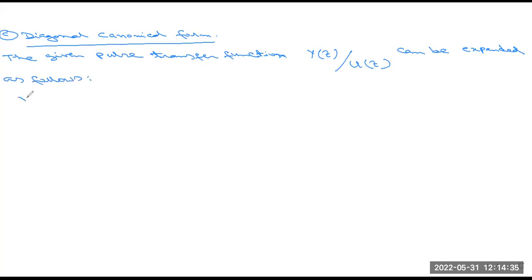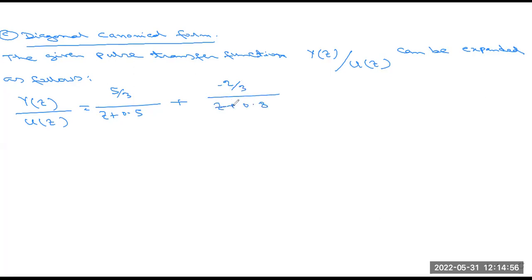So we have to write this equation just like you can see, Y(z)/U(z) is (5/3)/(z + 0.5) minus (2/3)/(z + 0.8).